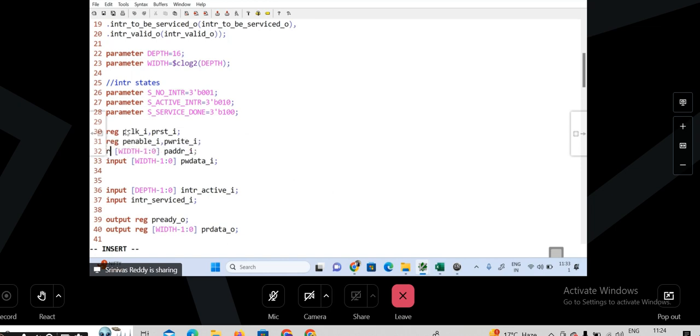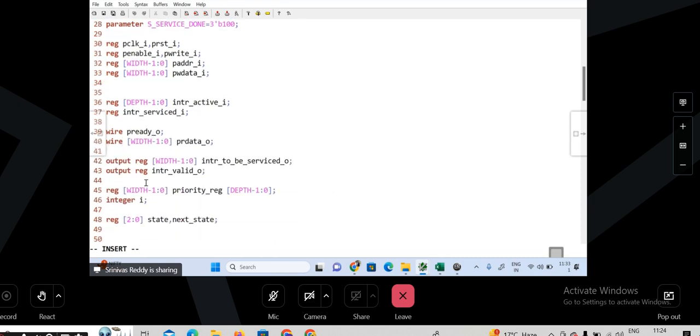Then what I need to do? First, write operation. Correct? So how to do the write operation? We need to write the task for the write operation. So already we have done this, right? Already we have done. Let us copy the same. This is a task for the write task.